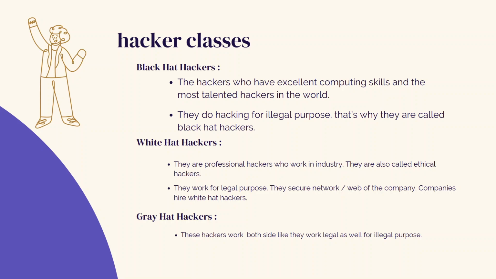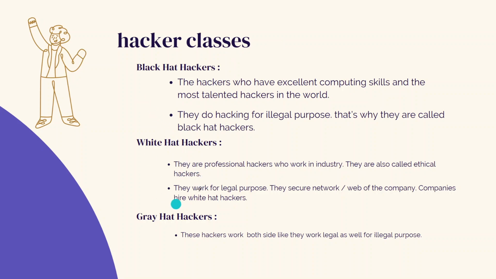They do hacking for illegal purposes, which is why they are called black hat hackers. They do everything independently and in the black way, meaning for illegal purposes. So they are excellent, and they should be excellent in their jobs.